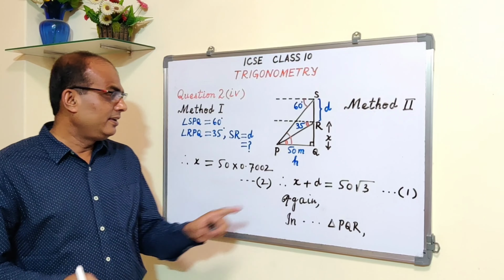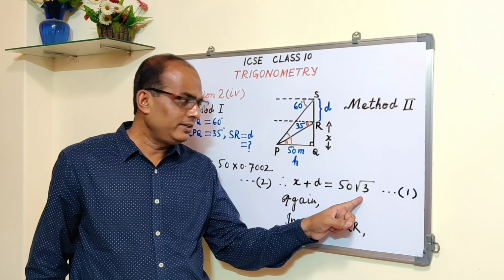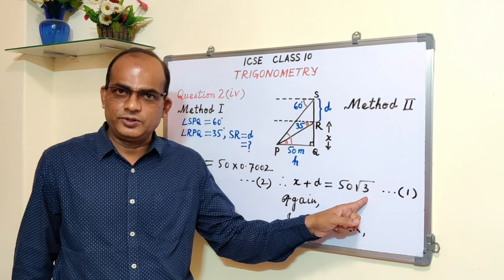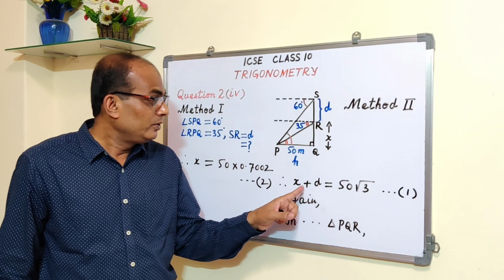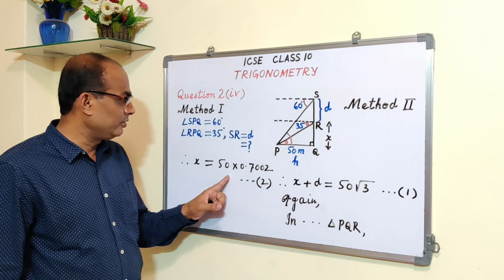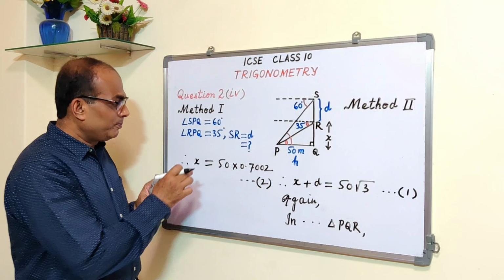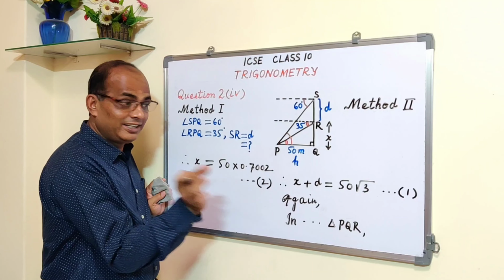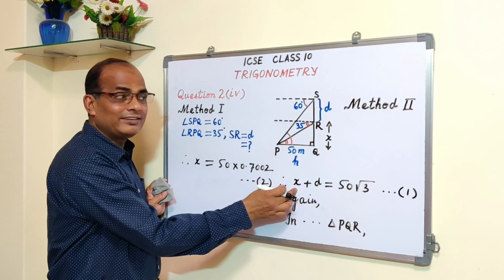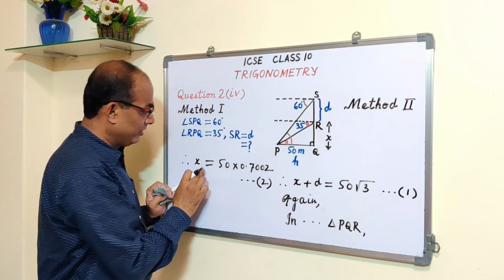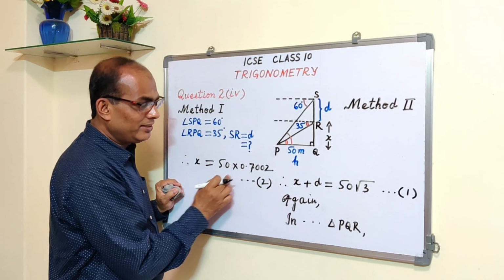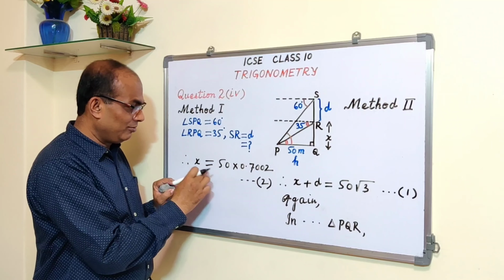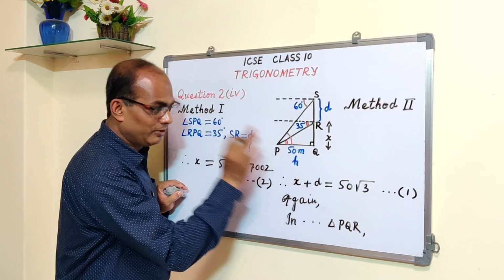See, here you have x plus d is equal to 50 root 3. Root 3 we'll put the value of, which is 1.732. You know x plus d is this much and x is equal to this much. So put the value of x here and then you'll get the value of d, because we want d, not x. So from 2, the value of x you can substitute in equation number 1.